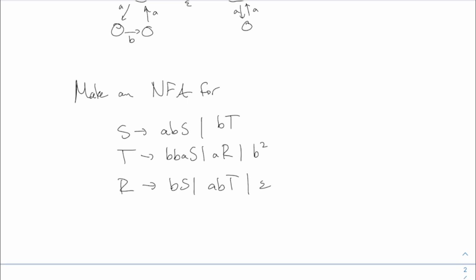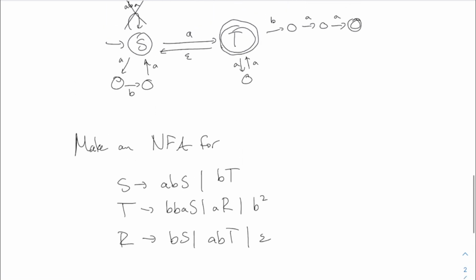See what you think. I'll give you a few moments. This will involve similar tricks. Start with S and T and R as states, and you're going to have to invent some other ones, little bitty ones.